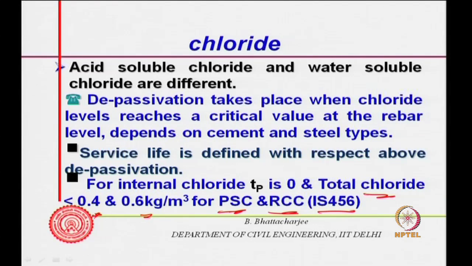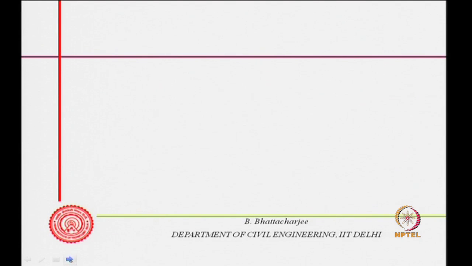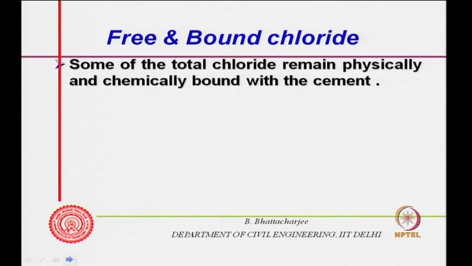This total chloride is important for ingredients, because some of the acid soluble chloride may turn to be water soluble chloride in future. So, if you have sufficient chloride right in the beginning, the depassivation time, T_p, could be even 0. So, it is important to keep new concrete free of chloride or below the values suggested in the code, 0.4 kg per meter cube or 0.6 kg per meter cube.